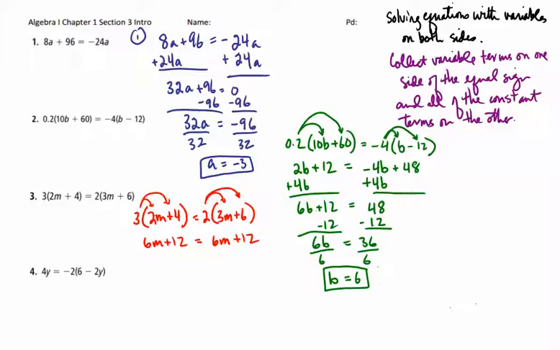Whenever we have exactly the same thing, and it has to be exactly the same thing on both sides of an equation, then it doesn't matter what value we put in for the variable. We could put m equals 0 and we'd get 12 on each side. We could put m equals 1, we'll get 18 on each side. We can put m equals 2, etc. 3, 4, any value, integer, real number, decimal, it doesn't matter.